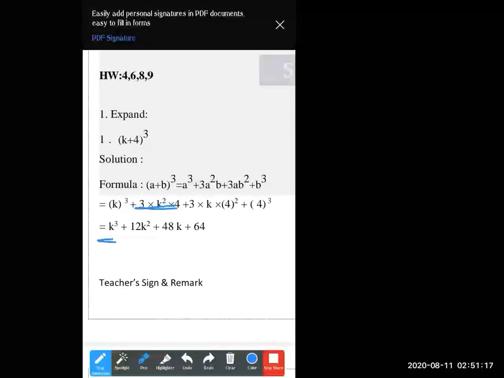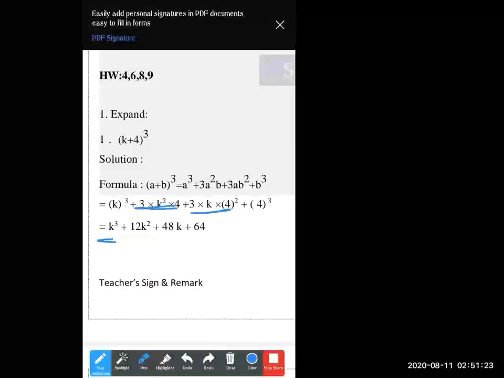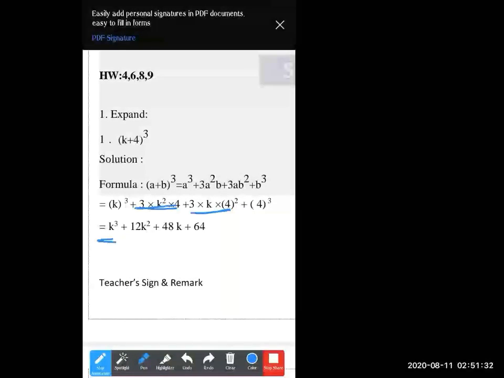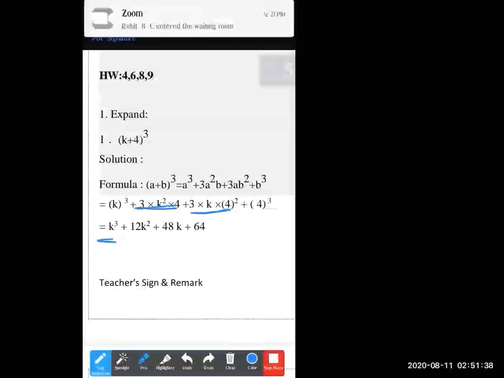So 12 k square. 12 k square plus. Now first, then you will solve this. पहला हमको square solve करना है. 4 का square. What is the square of 4? 4 square is 16. 4 fours are 16. Then 16 threes are 48.